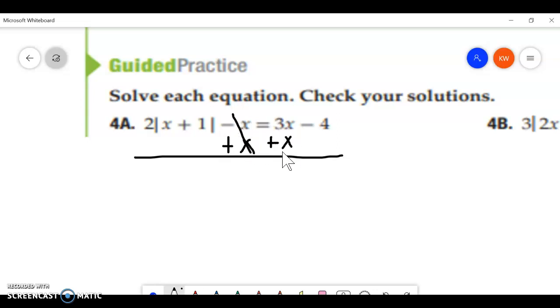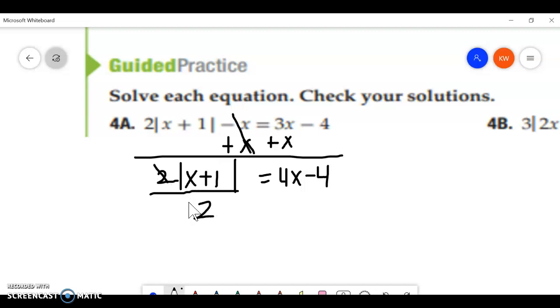Adding x to both sides, these cancel out. Now we have 3x plus x, which is 4x minus 4, and that equals 2 times the absolute value of x plus 1. This 2 is being multiplied by the x plus 1, so we divide both sides by 2 to get the absolute value by itself.